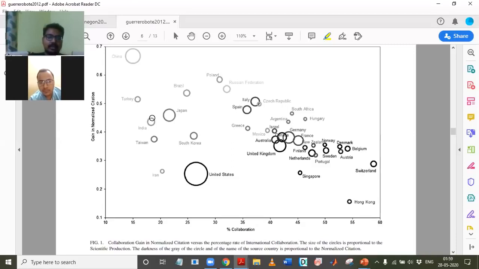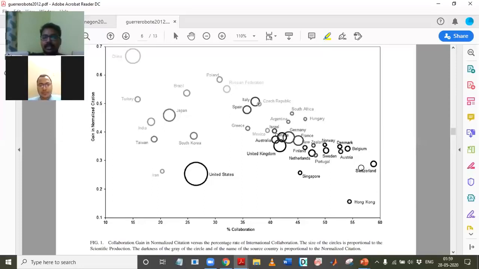India also did a moderate level of collaboration, around 18% in the study sample that they took. In those 18% collaborations, Indians saw around a 0.45 gain in the normalized citation. So this is a good boost when you look at the number of citations.